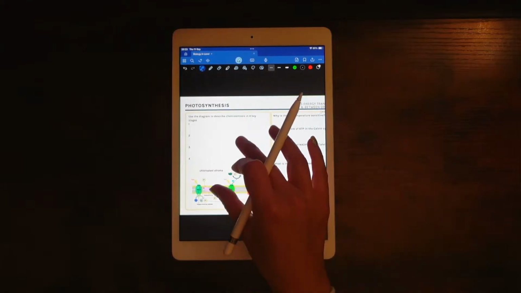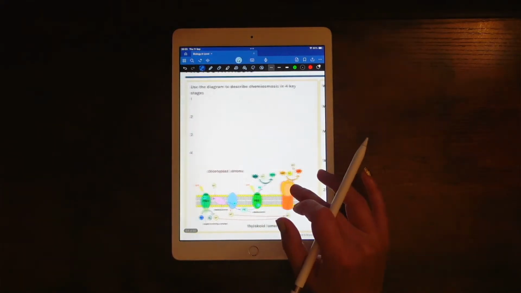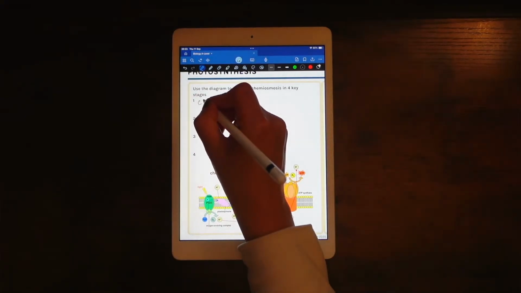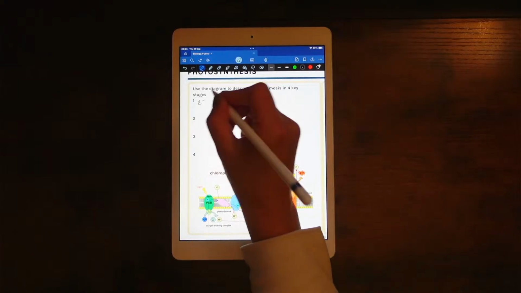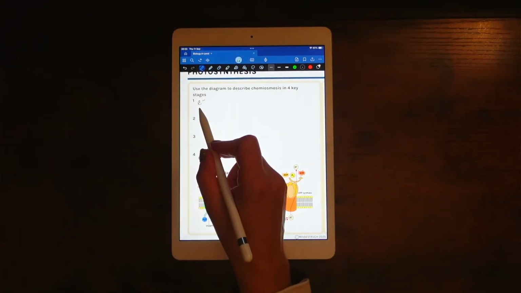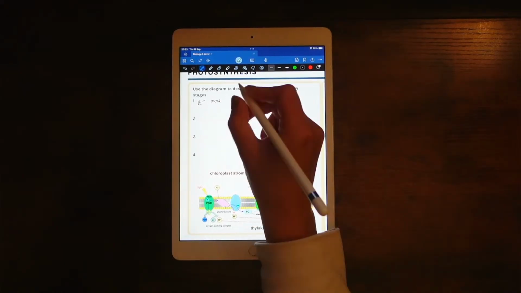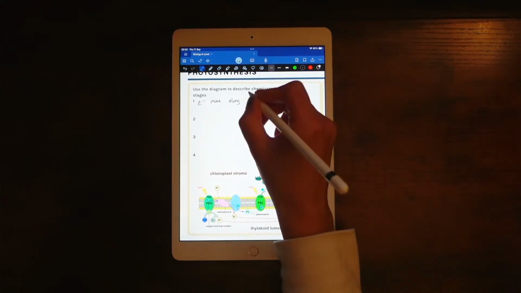Okay, then to finish, we are using the diagram to describe chemiosmosis in 4 key steps. So I'm going to talk about the electrons first of all. I don't have much space, so I'm going to say electrons. You would have to write that out on the exam just because I'm running out of space here. Electrons move along.